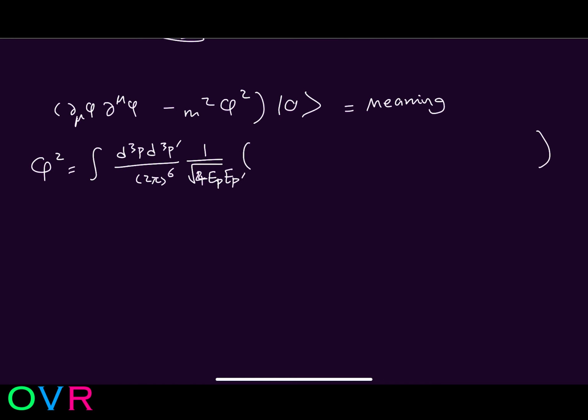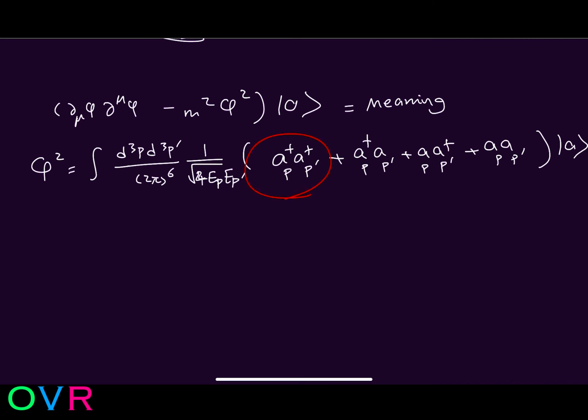So now I have 4 terms here. I have a dagger p, a dagger p prime, then a dagger p, a p prime, plus a p, a dagger p prime, plus a p, a p prime. They act on the vacuum. So what is the meaning of them? The first term has 2 creations, so it creates 2 particles with momentum p and p prime.